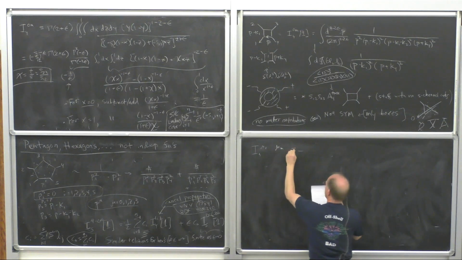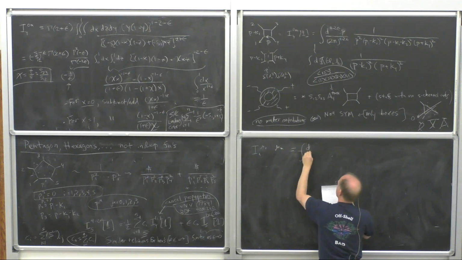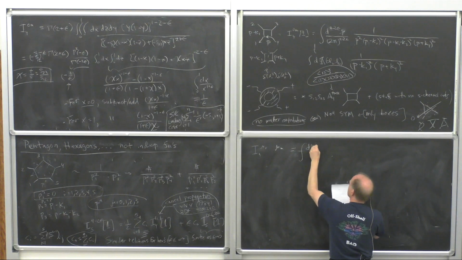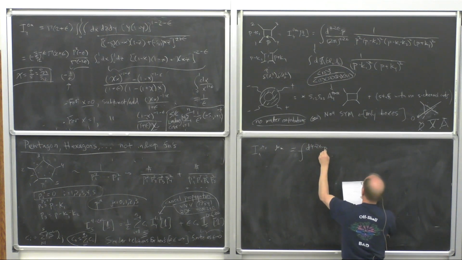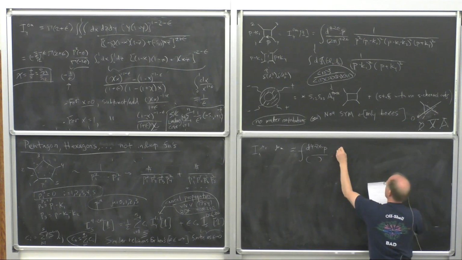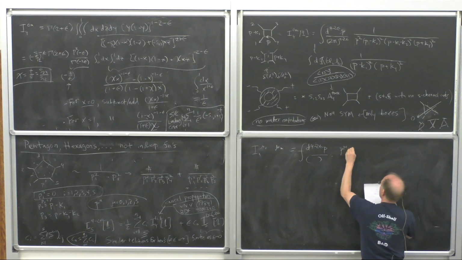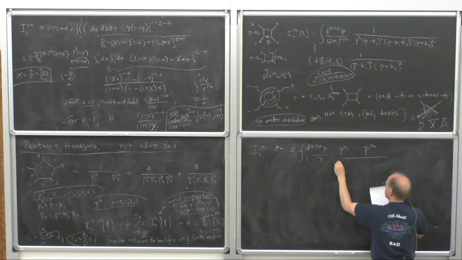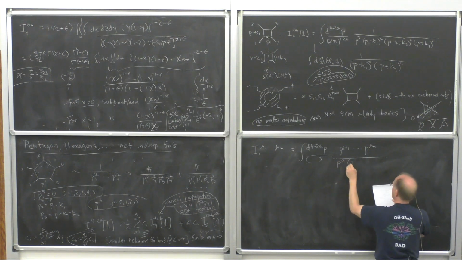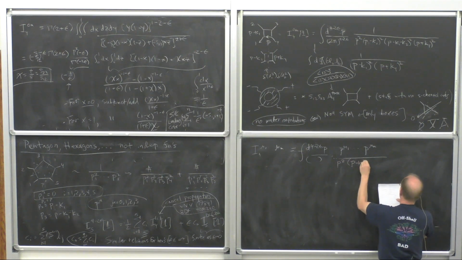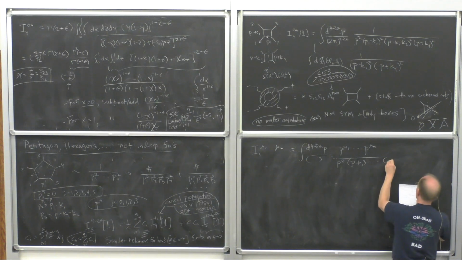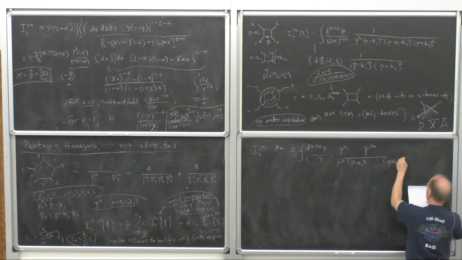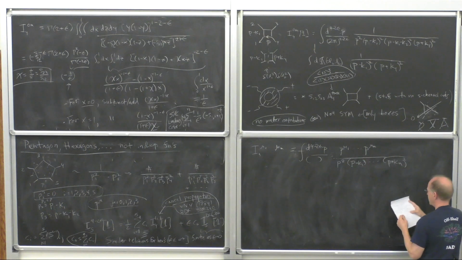So a tensor integral we might write like this, by putting some tensors in the loop momenta in the numerator. So here's the same endpoint integral, but now I put a bunch of tensors in the numerator.